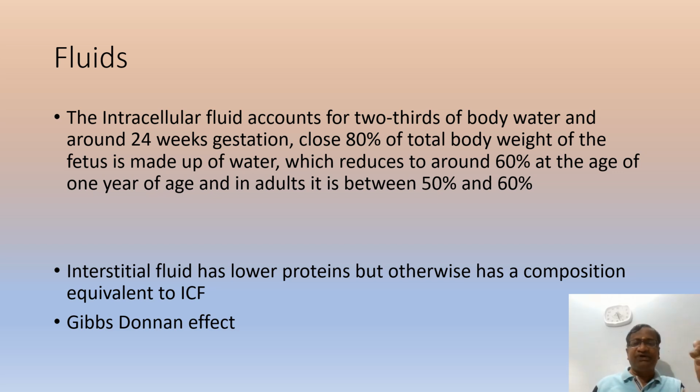Another is interstitial fluid has lower proteins. So then comes the Gibbs-Donnan effect. What is that? Sodium and chloride are the same on both sides, but there is fluid movement here and there depending upon the protein content. That is important. Lower proteins.